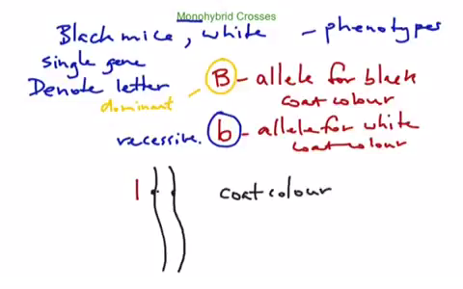So a mouse could have the big B allele on both of the chromosomes in the pair, or it could have big B and a little b, the heterozygous combination, or it could have little b on both, the homozygous recessive combination. They are the three possible combinations for the alleles in this mouse.